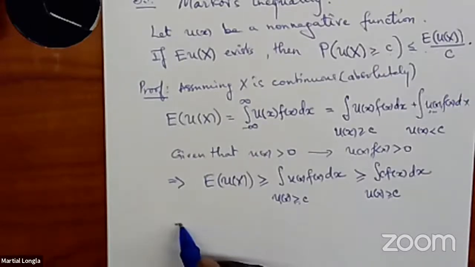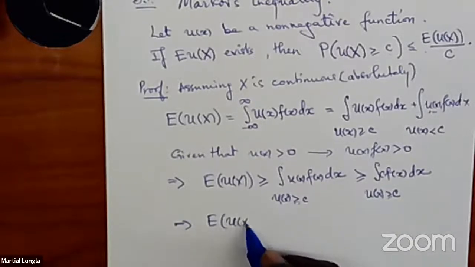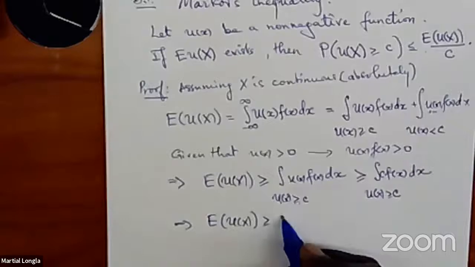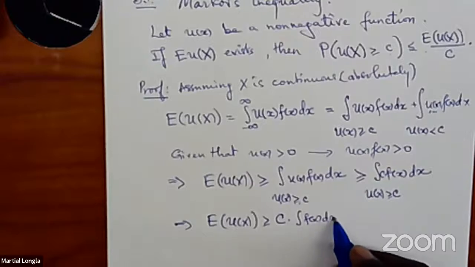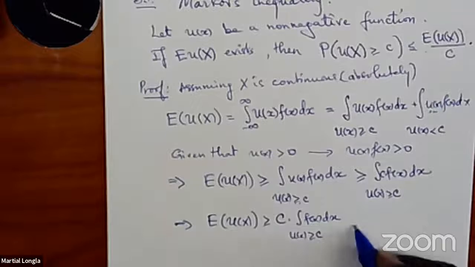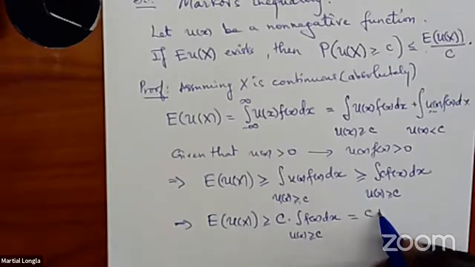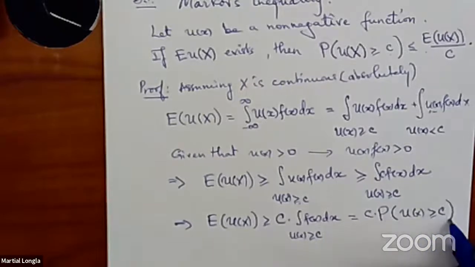That being the case, we get the expected value of u of x larger than or equal to c times this integral over the set where u of x is larger than c, which is nothing but the probability that u of x is larger than c.